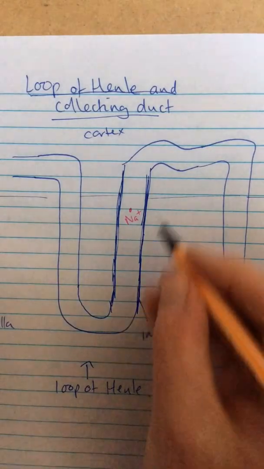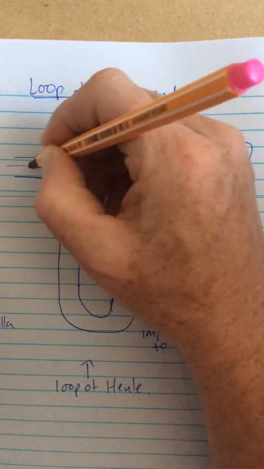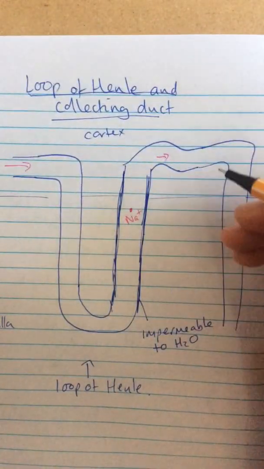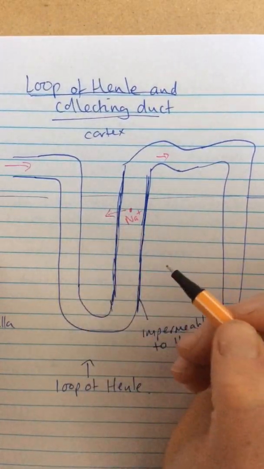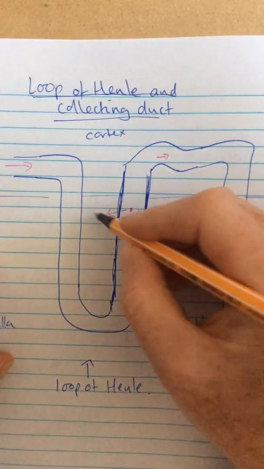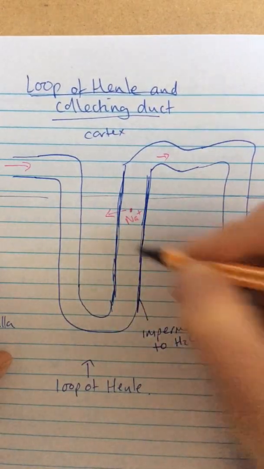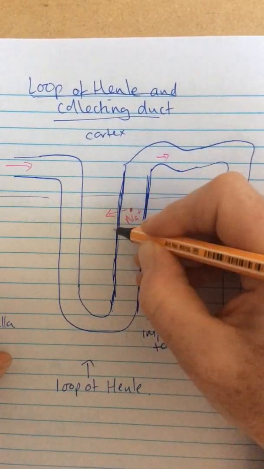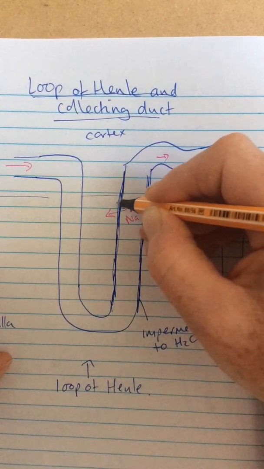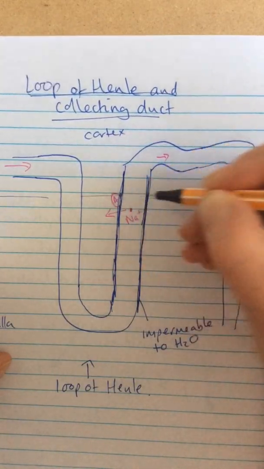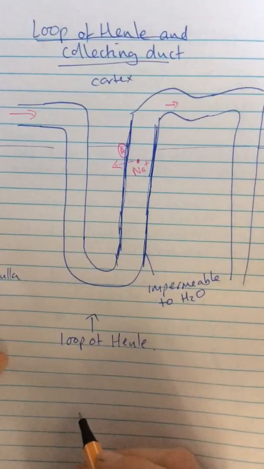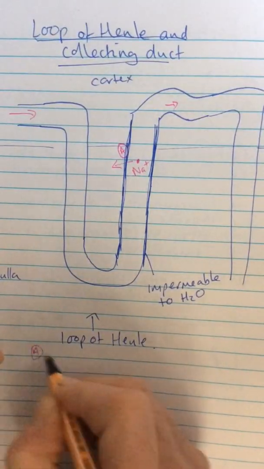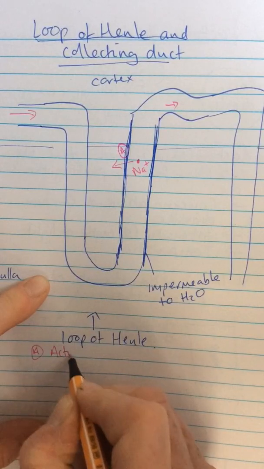But what happens is, in the ascending limb, bearing in mind everything's coming in this way, going out that way, in the ascending limb, ions are moved out into the medulla here. And a really important point is that that is an active process. So just making sure we've got a bit of a key going on. Little a in a circle means active transport.